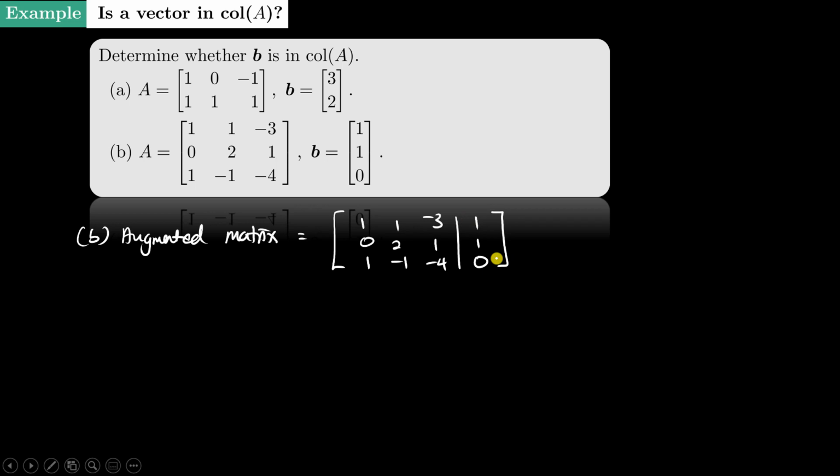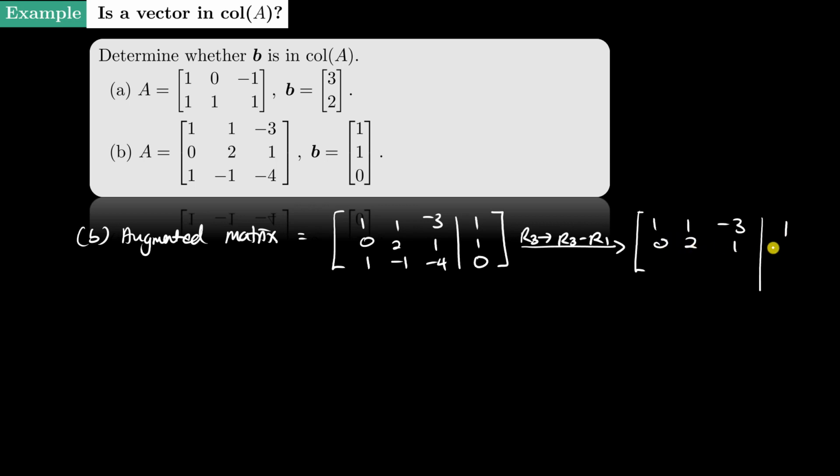And we can once again perform our row reductions. Row 3 becomes row 3 minus row 1. That will give us 1, 1, minus 3, 1, 0, 2, 1, 1, 0, minus 2, minus 1, minus 1.